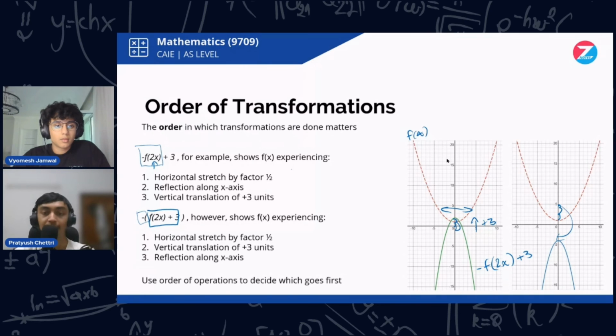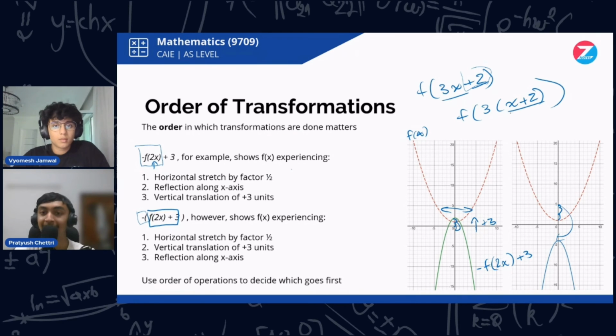So what order do you do these things in? Well, you just use the order of operations. They're very simple. First, you do everything inside the brackets, the horizontal stuff. So f(3x plus 2): you scale first, and then you translate. But if it was like f(3(x plus 2)), what's going on here?